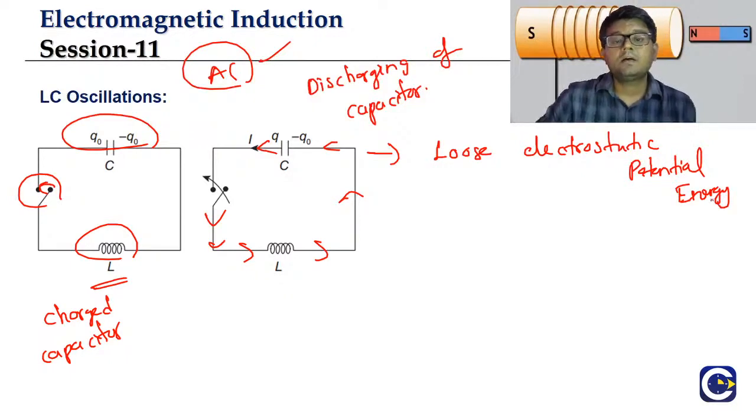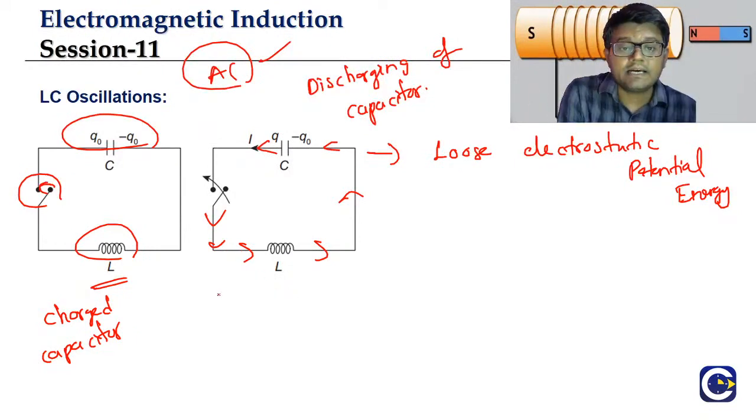Because the potential energy of the capacitor will depend upon the charge on it. If the charge on the capacitor plate is decreasing, it means the energy stored inside the capacitor will be decreasing. But energy cannot be lost just like that, right? So what is happening to the energy?